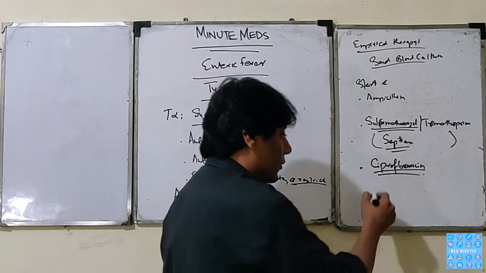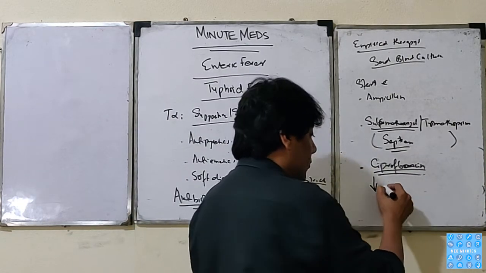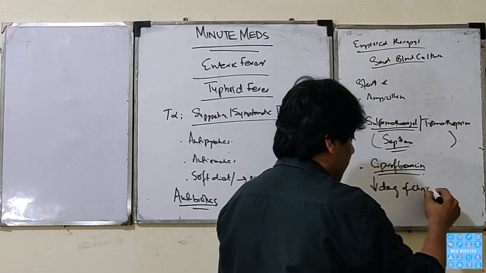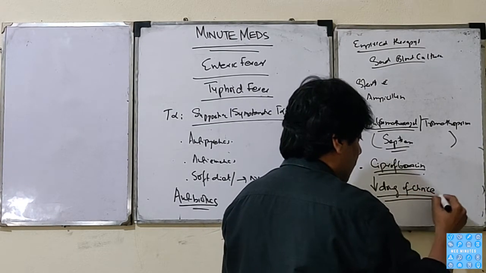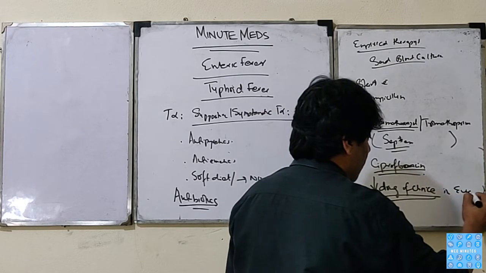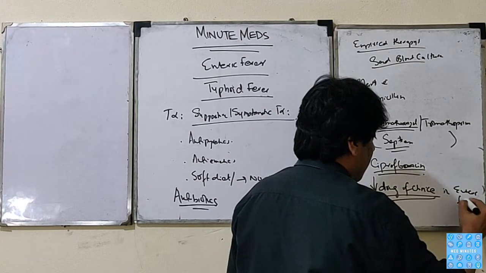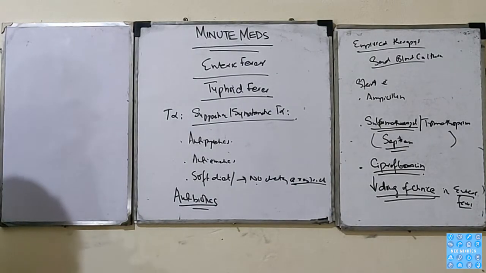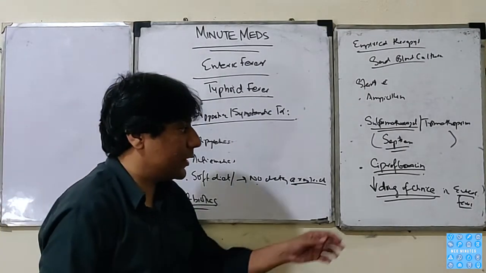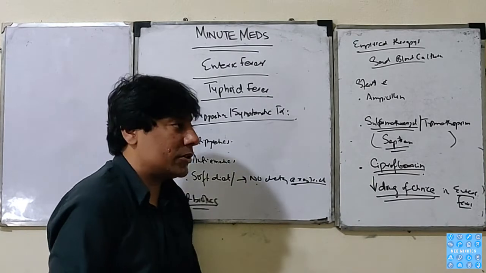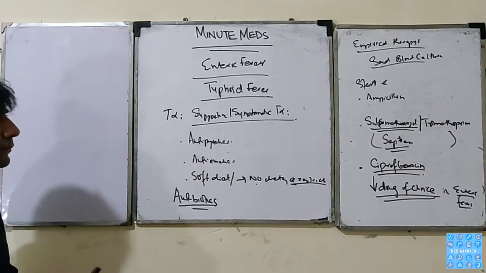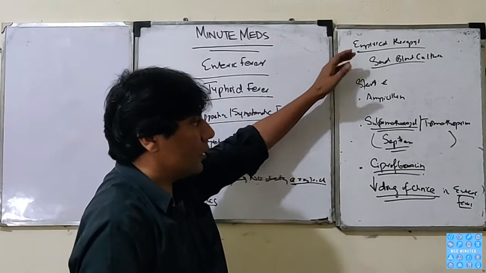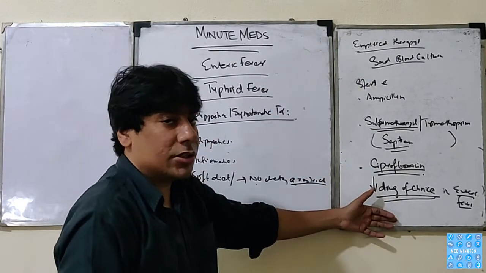Sometime before, ciprofloxacin was called the drug of choice for enteric fever. But now resistance is developing even against ciprofloxacin, so we have other drugs as well. If the patient is susceptible, you know the susceptibility, you can prescribe one of these three drugs.